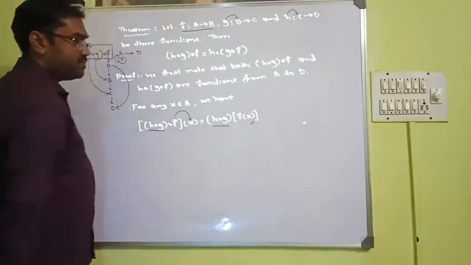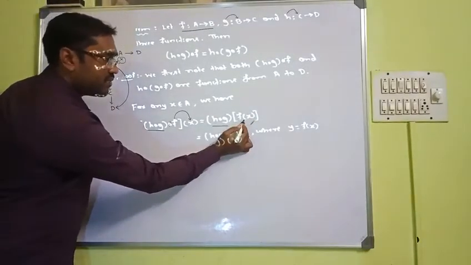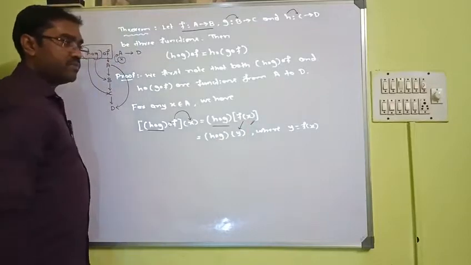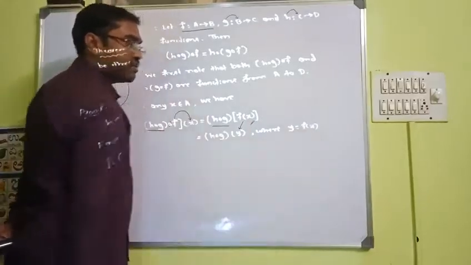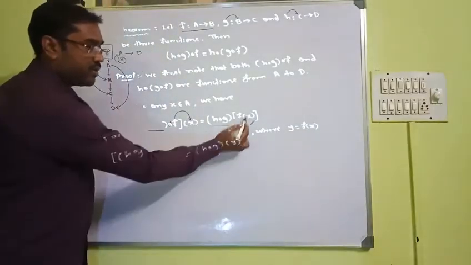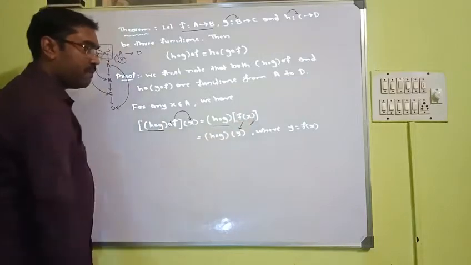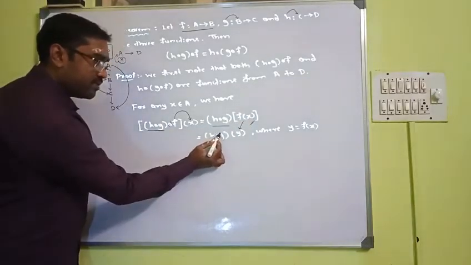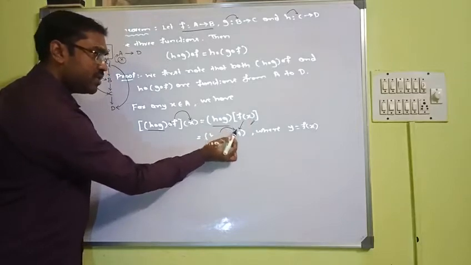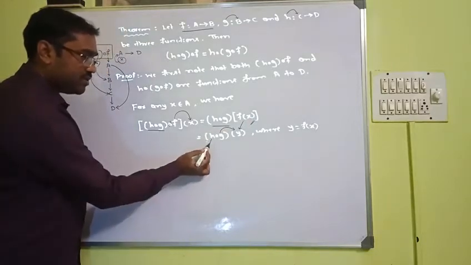Let us take this f of x as y, where y is some element. We are denoting f of x as y. Now let us apply g on y, h as it is.